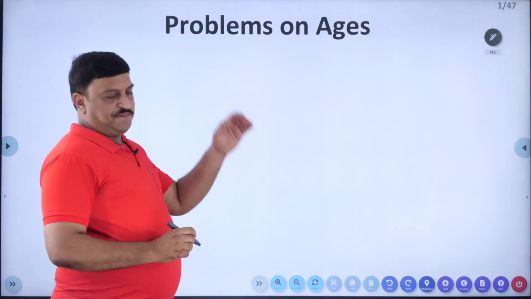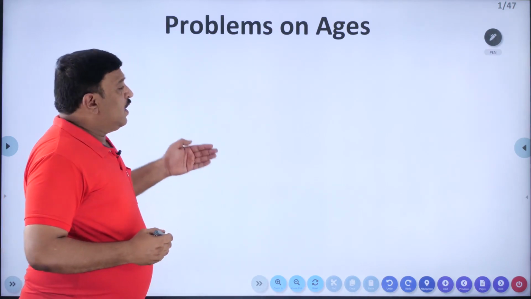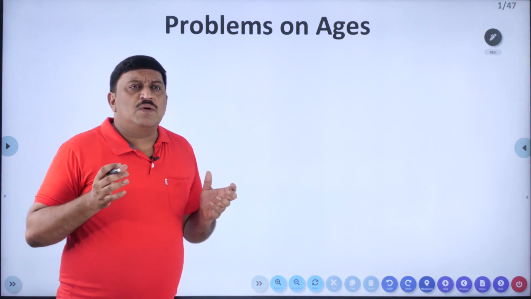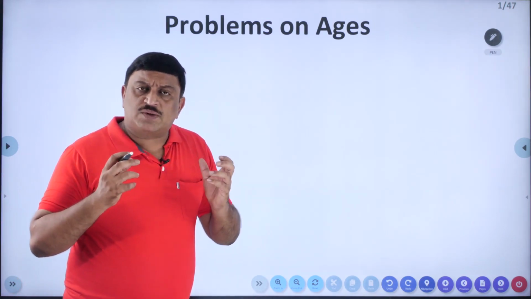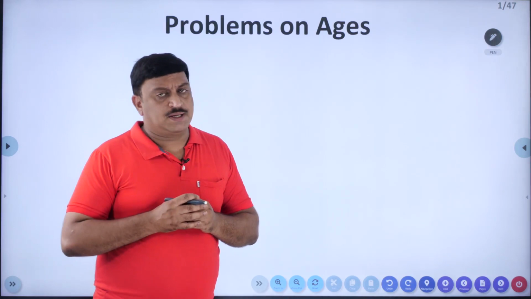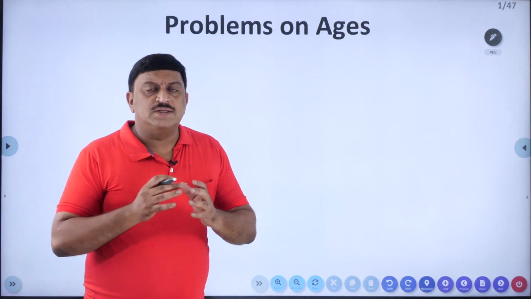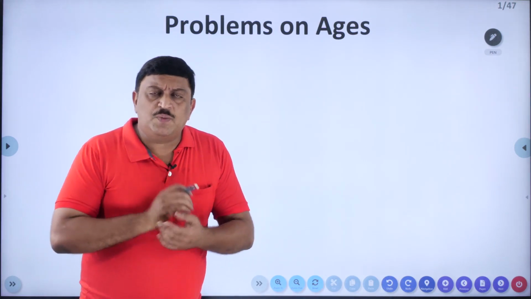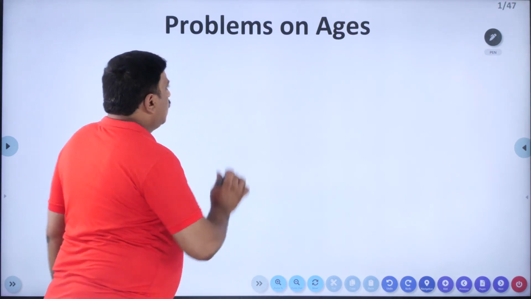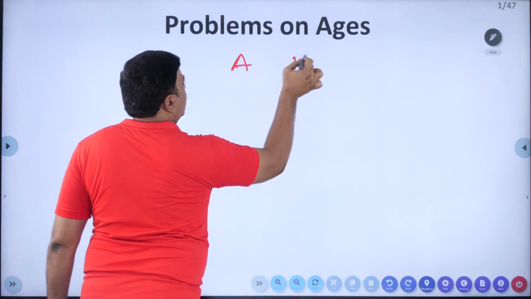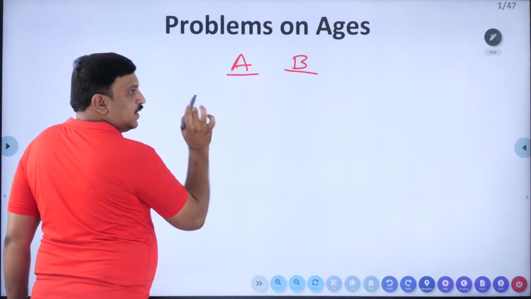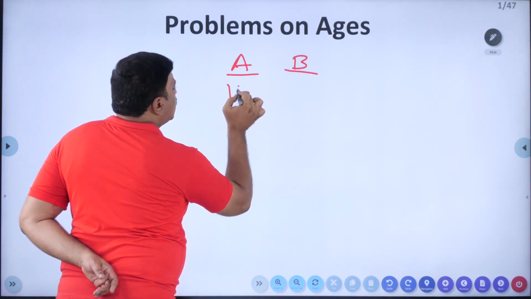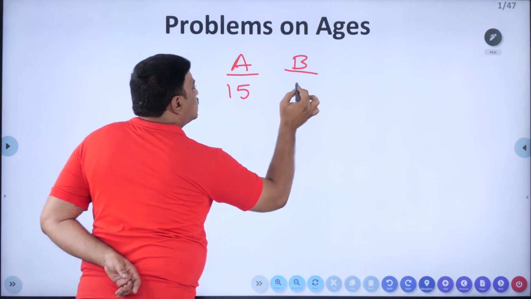Okay, then see, you know that ages have concepts behind the questions. There are so many concepts, but if you observe two persons' ages, suppose A's age is 15 years and B's age is 17 years.